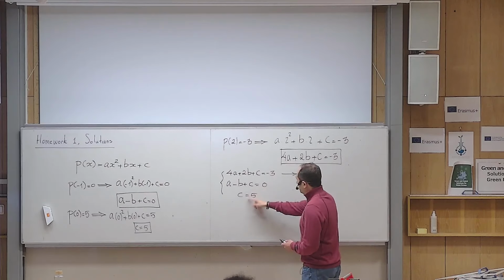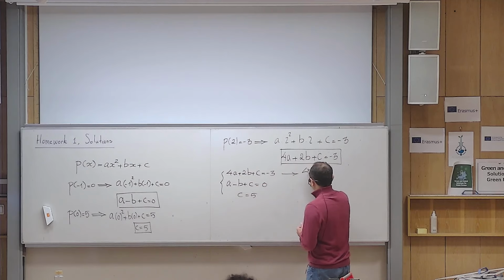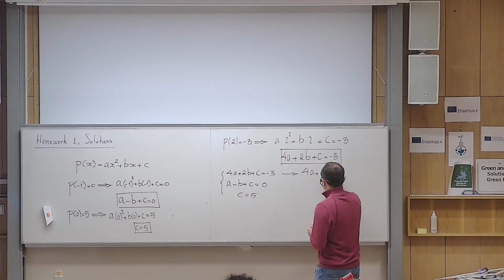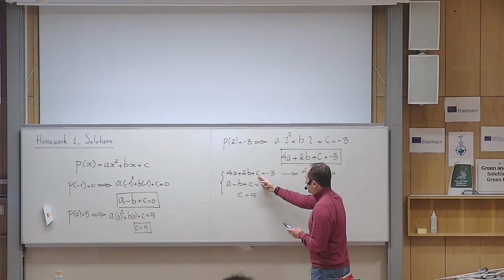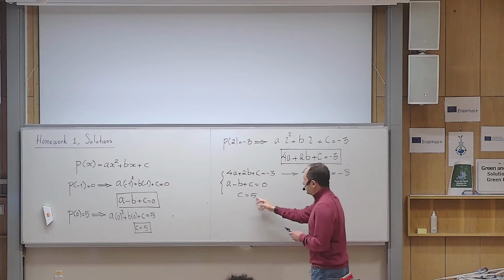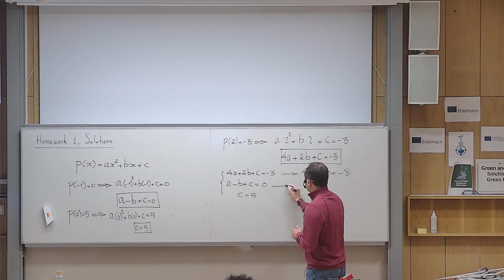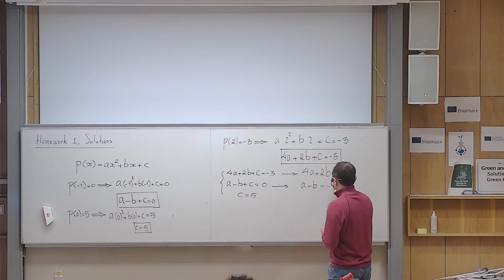If I put 5 here and then move 5 to the other side, it becomes 4a plus 2b, and then this is minus 3, 5 is here, I move 5 to the other side, it becomes minus 8. And I also have c here, so it becomes a minus b. I move c to the other side, c is 5. When I move it to the other side, it becomes minus 5.